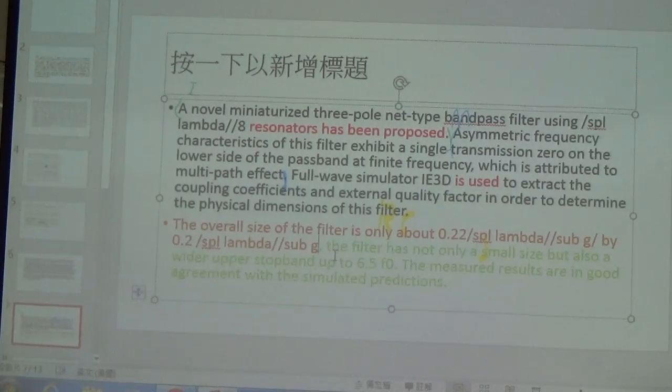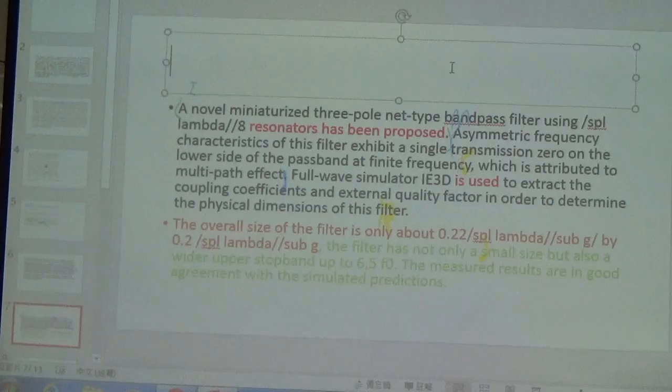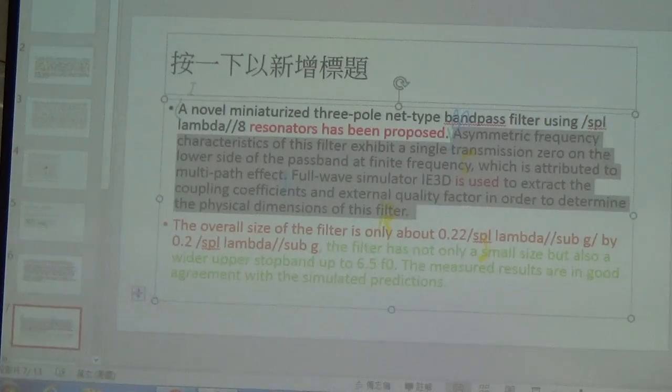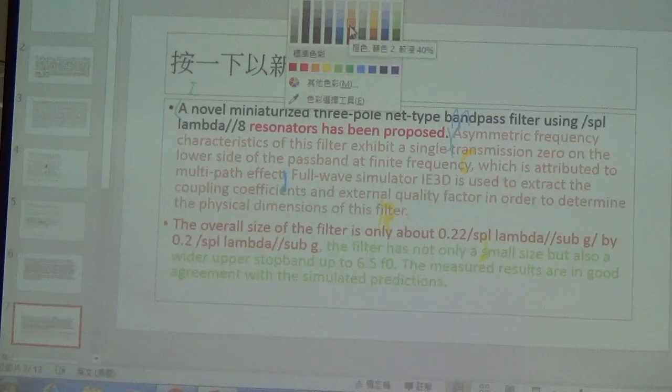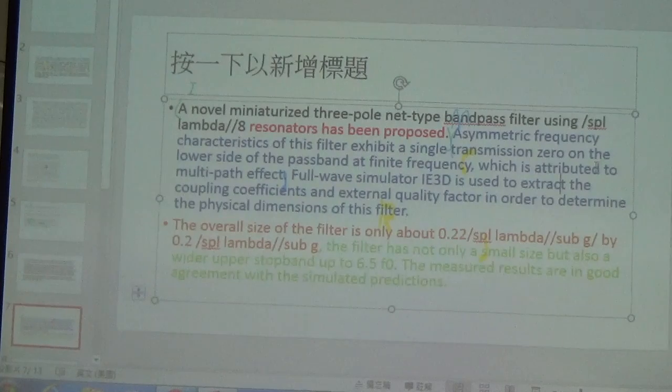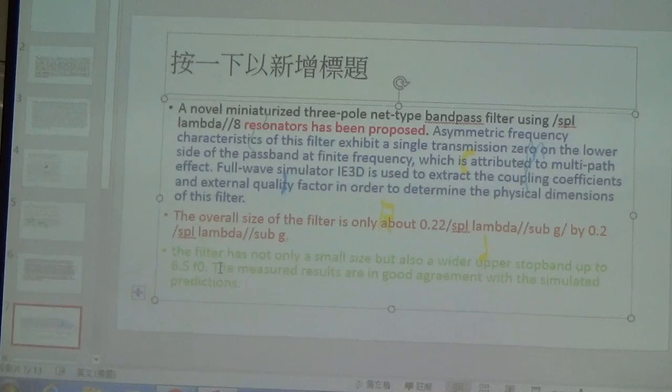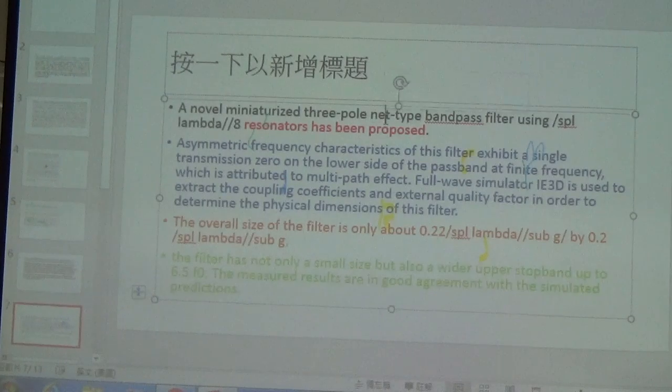And the blue one is M, the methods. So the orange one is R, the result. The green one is discussion, conclusion. The red one is introduction.